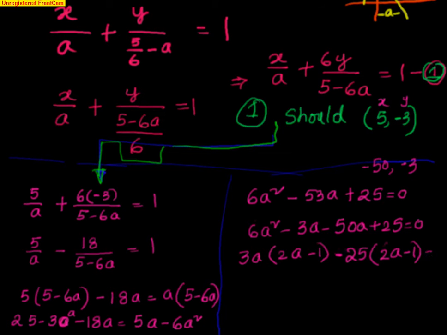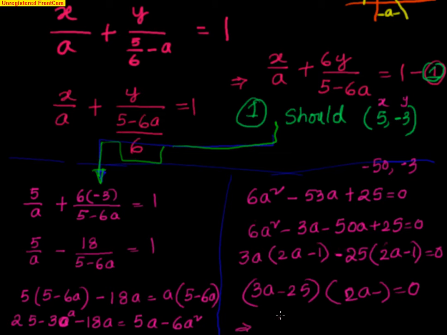Are you with me? See this. 3a into 2a is 6a square. 3a into minus 1 is minus 3a. Minus 25 into 2a is minus 50a. Minus 25 into minus 1 is plus 25. So this is nothing but equal to 3a minus 25 into 2a minus 1 is equal to 0.